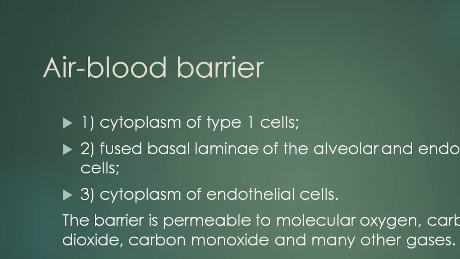The air-blood barrier consists of surfactant, alveolar cells type 1 and their cytoplasm. The next part is fused basal laminae: the basal lamina of alveolar cells and the basal lamina of endothelial cells, two basal laminas.